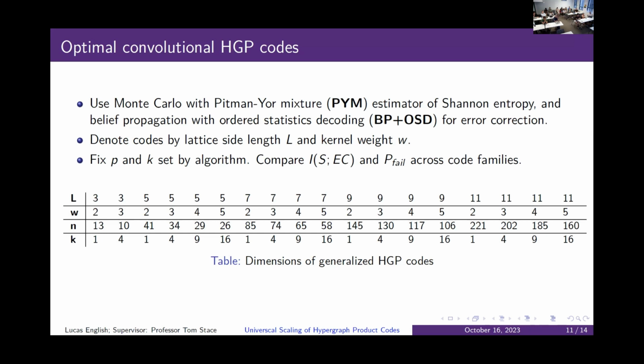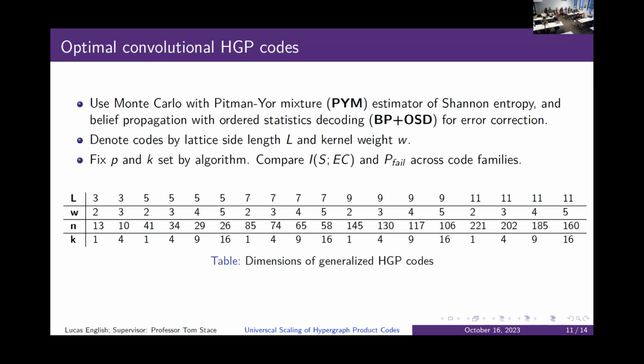So we rely on Monte Carlo methods, and there's a really cool way that came from Bayesian inference that I found, where you can estimate Shannon entropy using this thing called a Pitman-Yor mixture, which comes from statistics, I think. And I also use this generalized decoder called belief propagation with ordered statistics decoding for actually decoding it. So we do a bunch of Monte Carlos, we decode the thing, see if it was successful in actually error correcting, and then measure what the mutual information was to be able to compare code families.